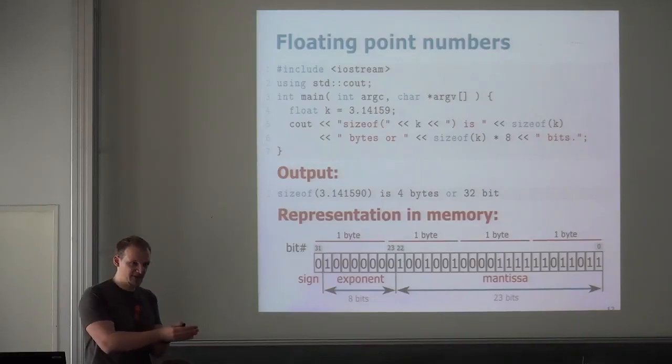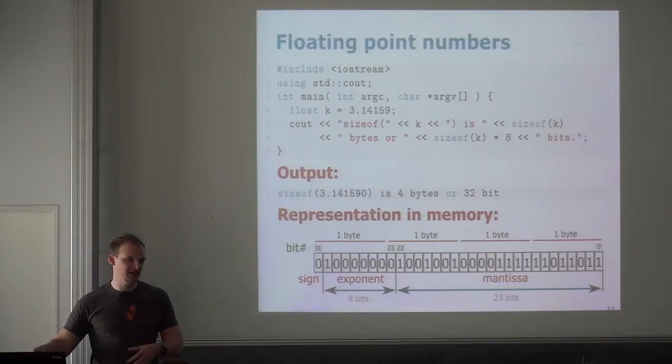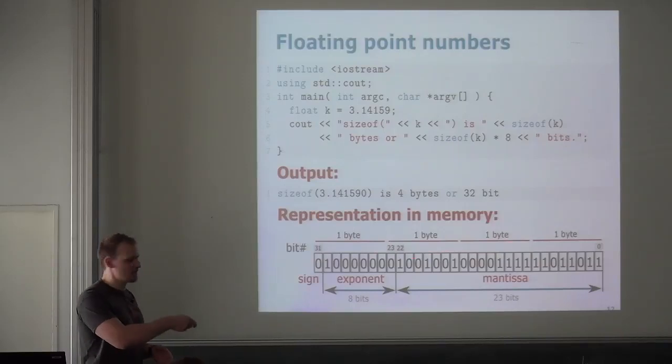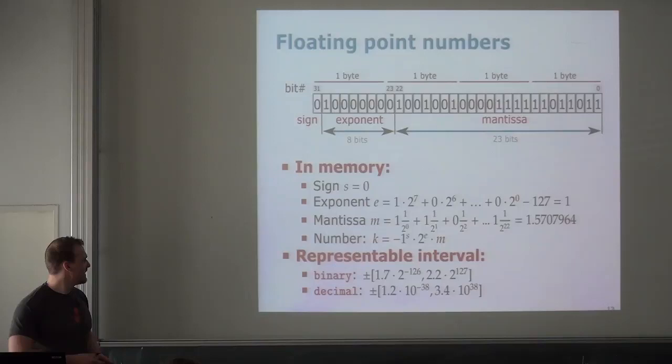Float is one type, double is another type. Double is twice as big as float, just in the representation of the bytes. I have one slide about double afterwards. For now, we're only focusing on floats because again, it's fewer bytes. It's easier to explain. So I only have 4 bytes to show on the screen instead of showing you 8 bytes on the screen. Okay.